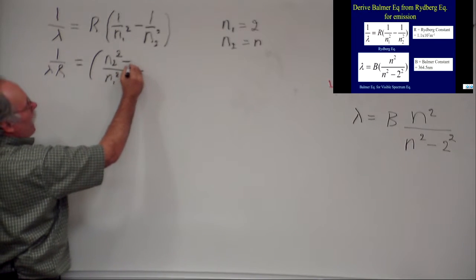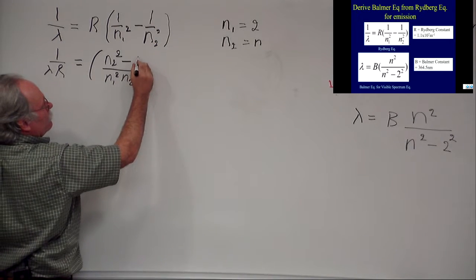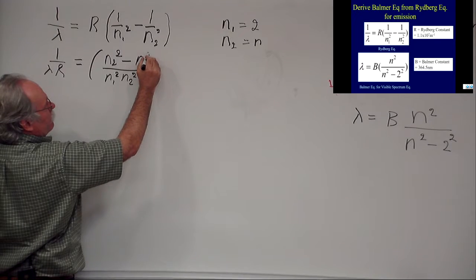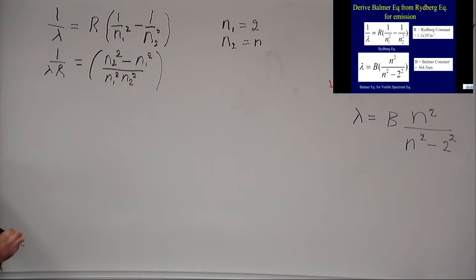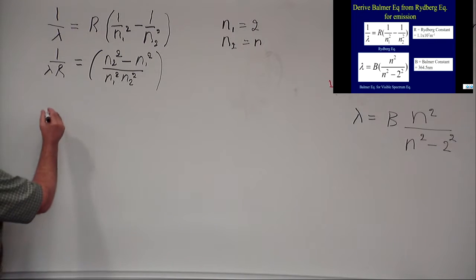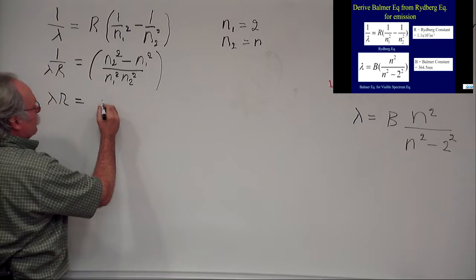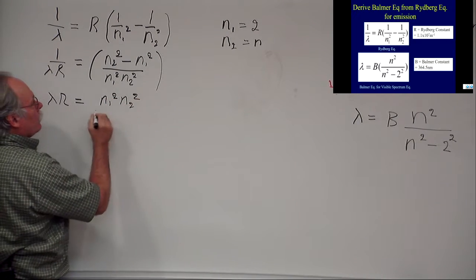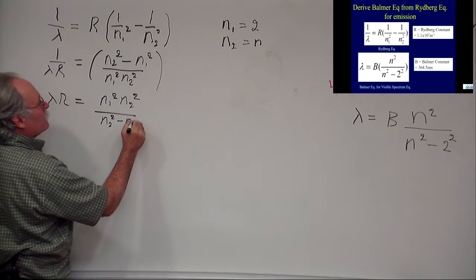Now I subtract, and I'm going to multiply this by n1 squared over n1 squared. And now I have these under a common denominator, okay? Now, if I'm solving for lambda, I need to take the reciprocal of both sides. So I get lambda R is equal to n1 squared n2 squared over n2 squared minus n1 squared.